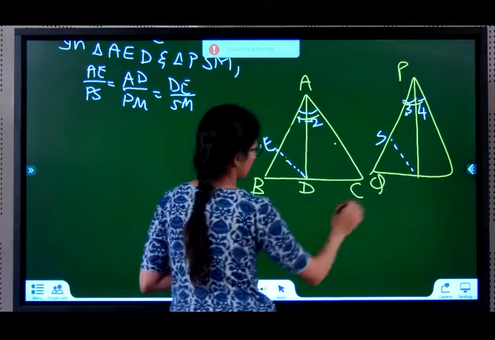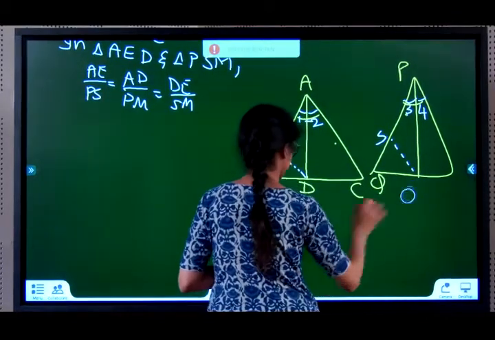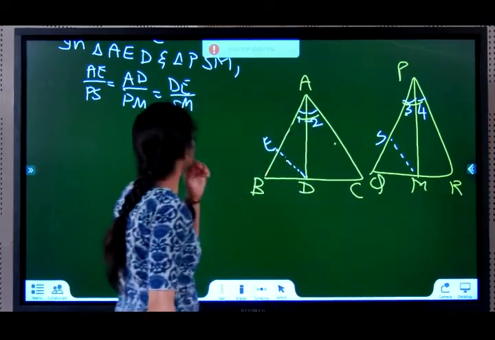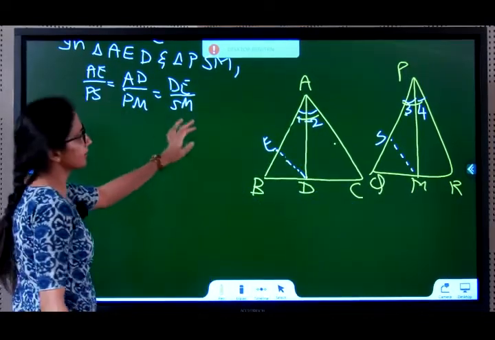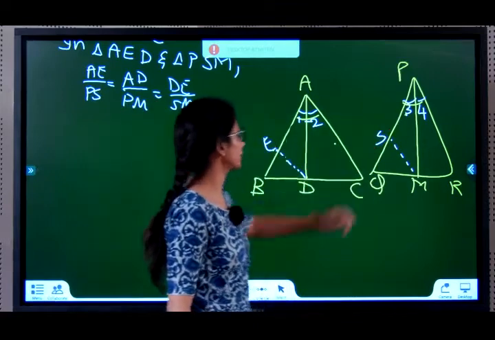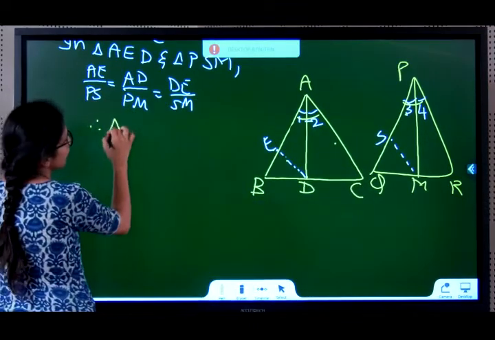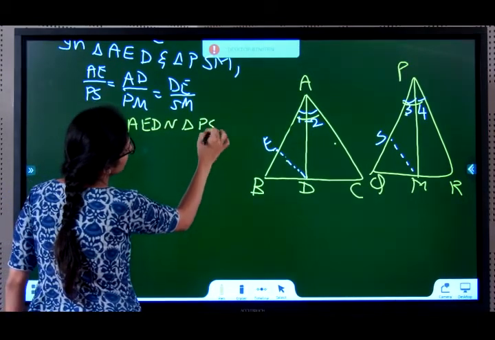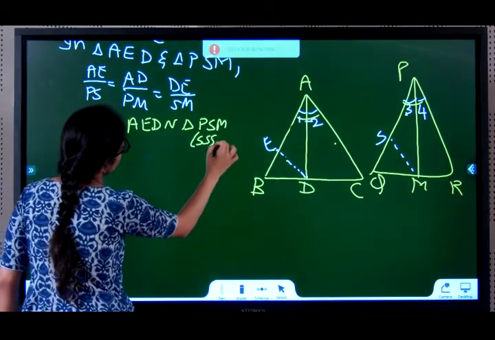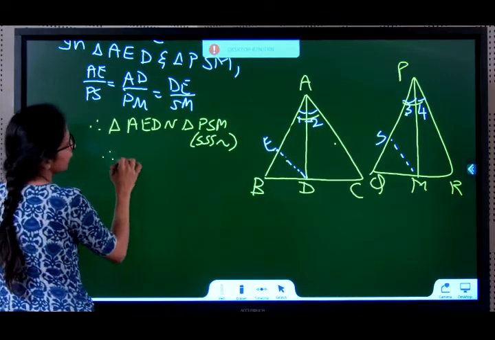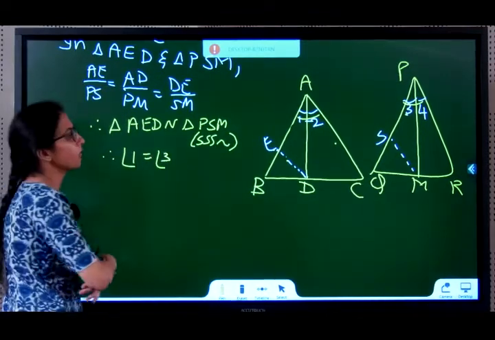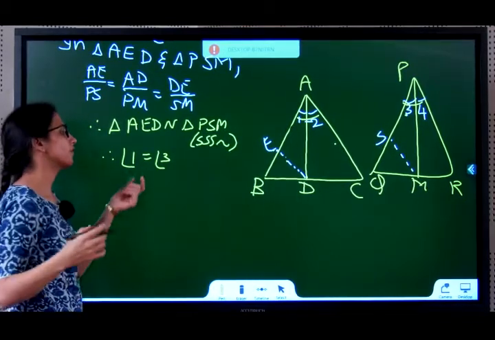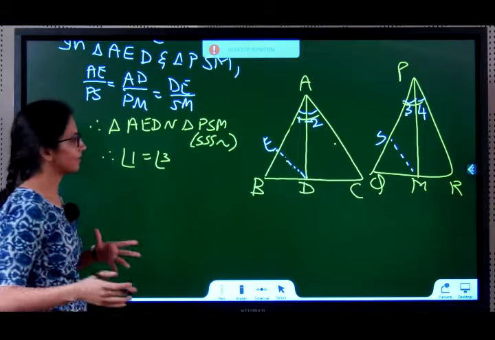Right? We had M and R there. Okay. So, because these three sides are proportional to these three sides, I can say therefore triangle AED is similar to triangle PSM. Criteria SSS similarity criteria, therefore angle 1 equals angle 3. Why is angle 1 equal to angle 3? Angle 1 is equal to angle 3 because corresponding angles of similar triangles are equal.